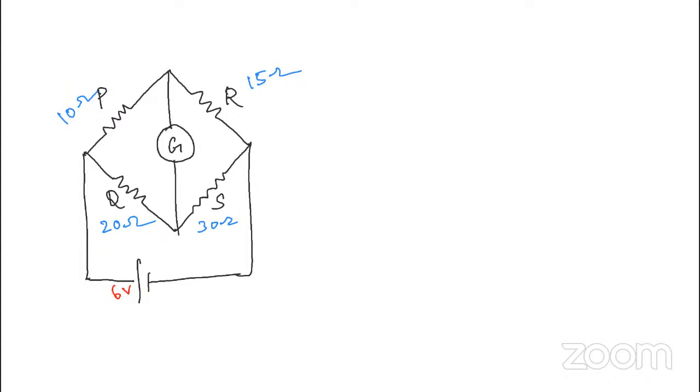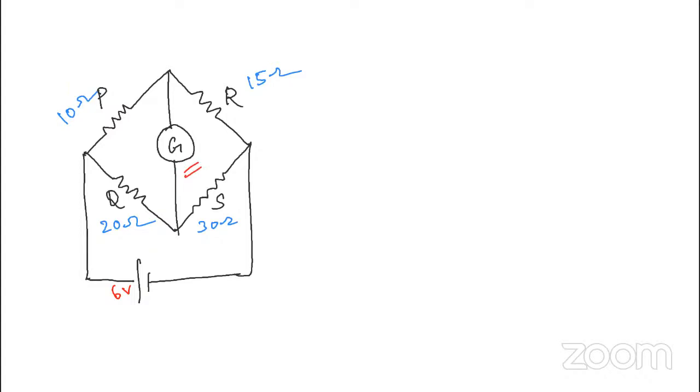We know how to calculate values for series and parallel connections. Now here there is a condition with a galvanometer in the middle. So here they are given the galvanometer setup, and in the galvanometer also the current will pass through the circuit.